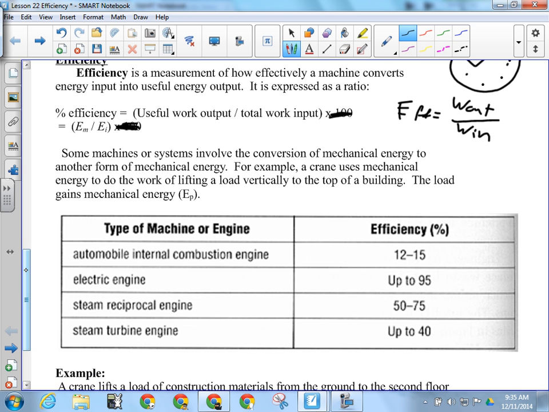All right, so to give you some idea here. An automobile internal combustion engine typically runs 12 to 15% efficiency. An electric engine runs up to 95% efficiency. So yeah, very efficient. The problem is, for making it mobile, our technology for batteries and cells is not there for the range yet. It's getting better.